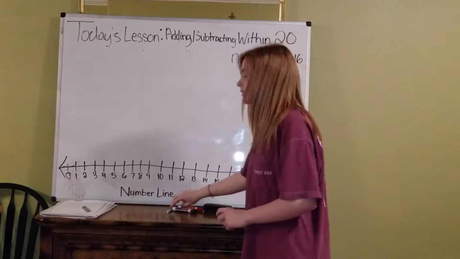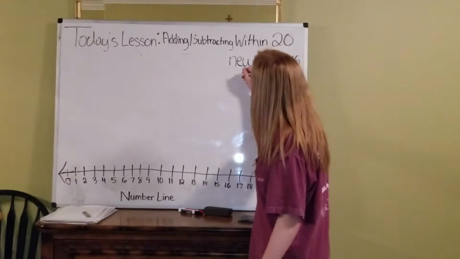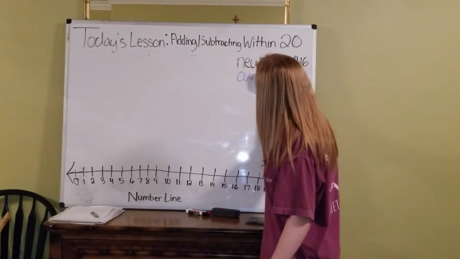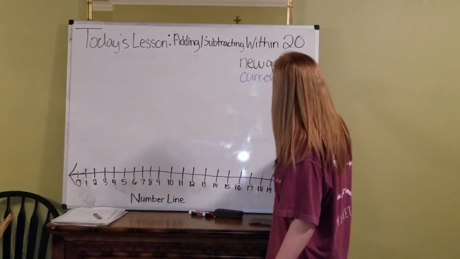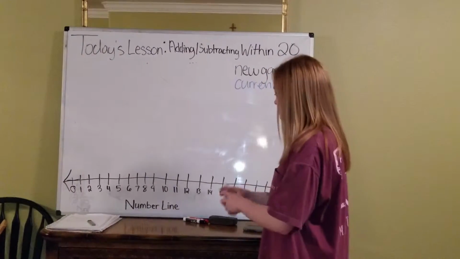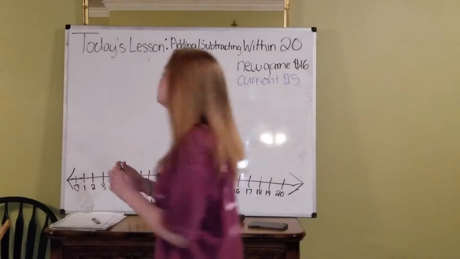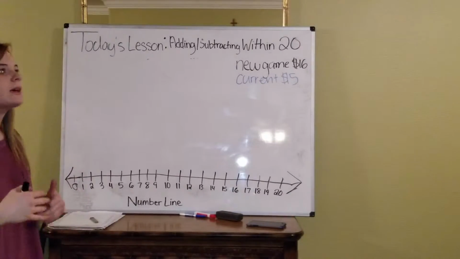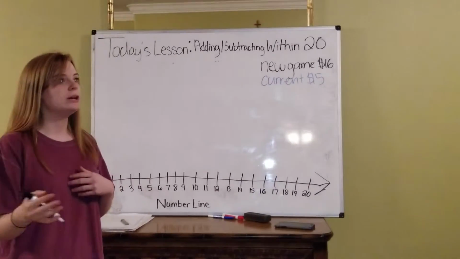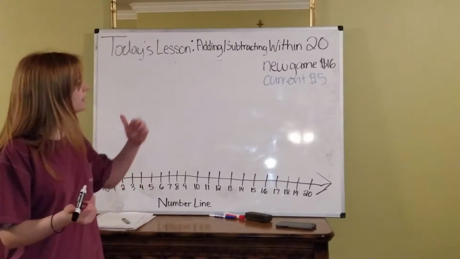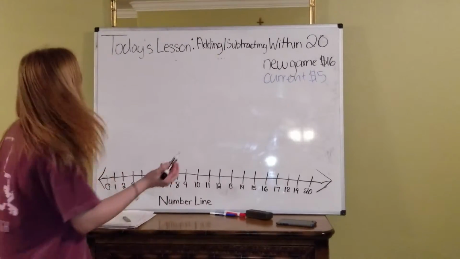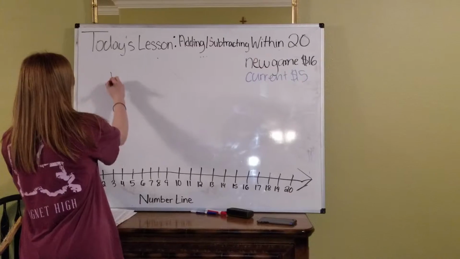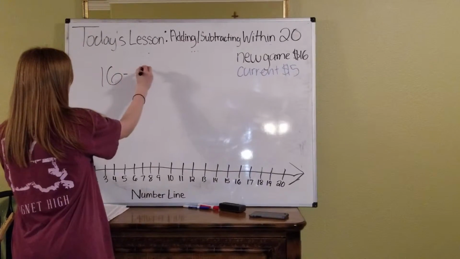And the current amount of money I have is 5. In order to get the total, I would have to ask a friend or a clerk or someone around me for the extra money, because obviously $5 is not $16. So we're going to subtract 5 from 16.